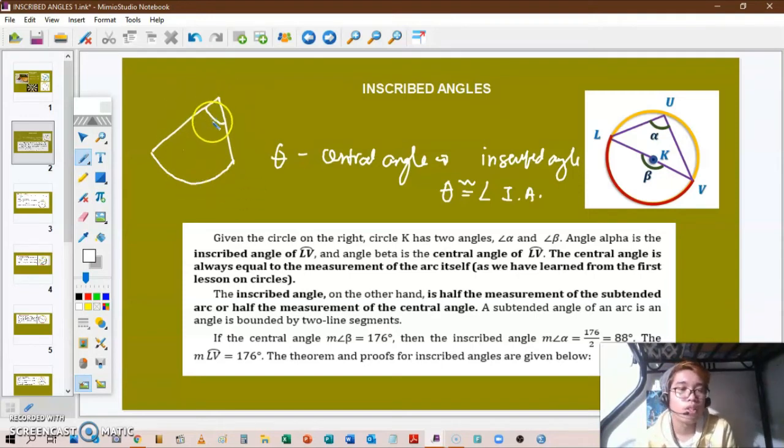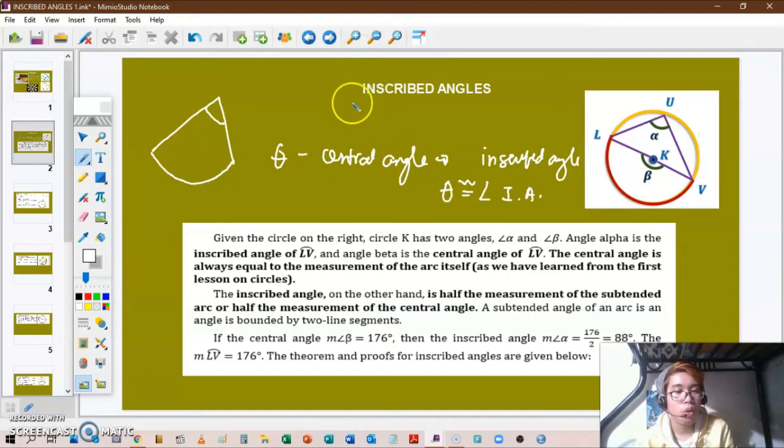So this is a subtended angle. If the central angle measures 176 degrees, so the measurement of angle beta is 176 degrees, then the measurement of the inscribed angle alpha is 176 divided by 2, which is equal to 88 degrees. That's how we solve for the inscribed angle given a central angle.